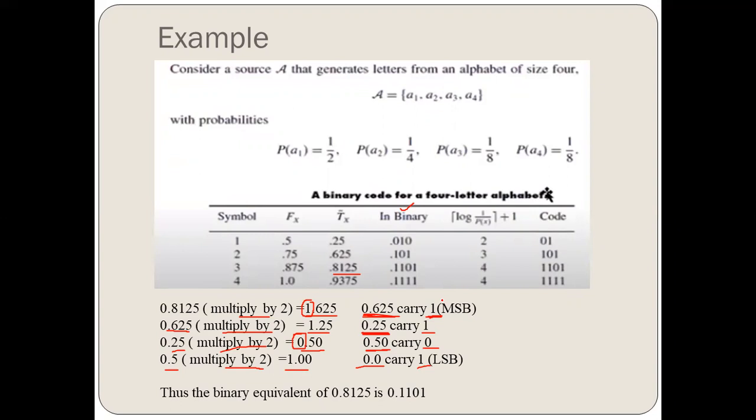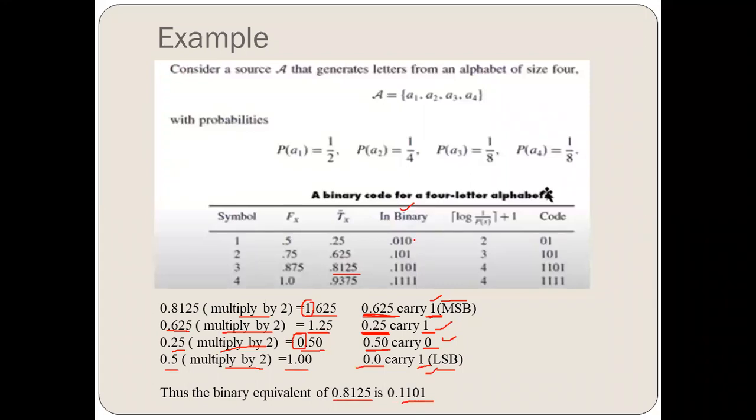The upper carry will be the most significant bit and the last one will be the least significant bit. So the binary equivalent of 0.8125 will be 0.1101. In the same way, we have calculated all the binary codes.